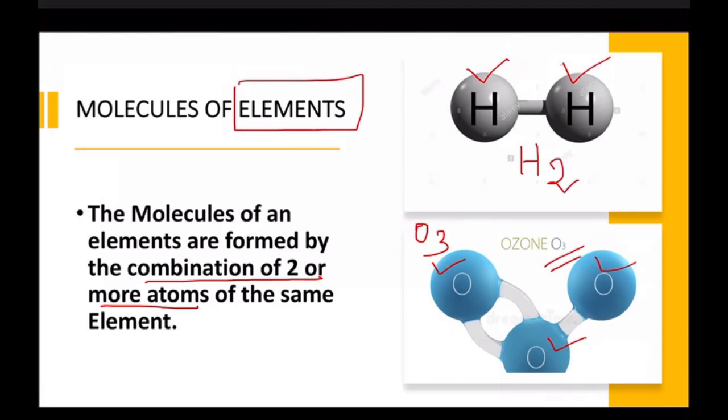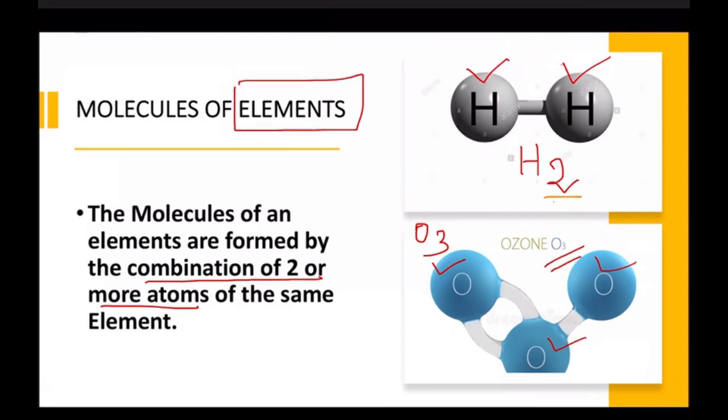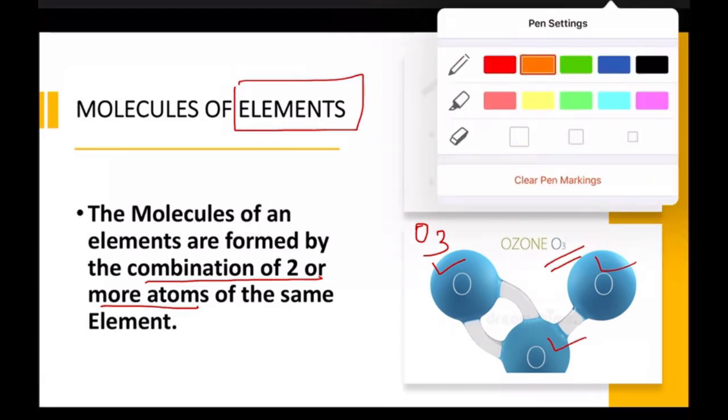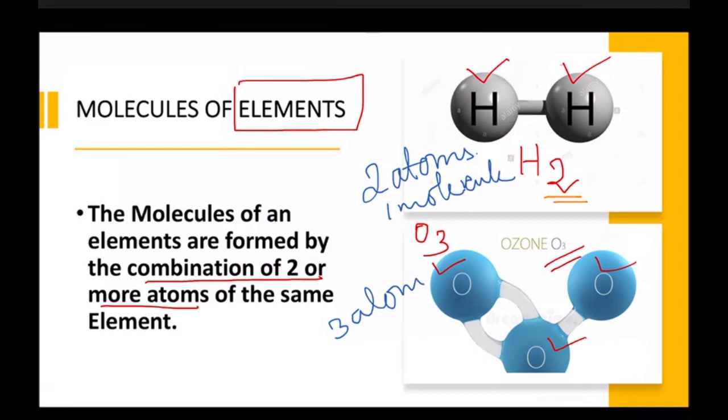So students, what does the subscript over here represent? The subscript 2 with hydrogen H represents that there are two atoms of hydrogen in one molecule of hydrogen. Similarly, O3 represents that there are three atoms of oxygen in one molecule of ozone. Got it?